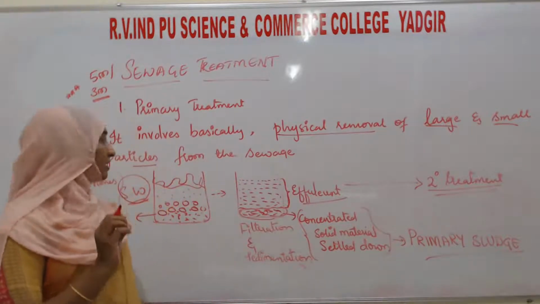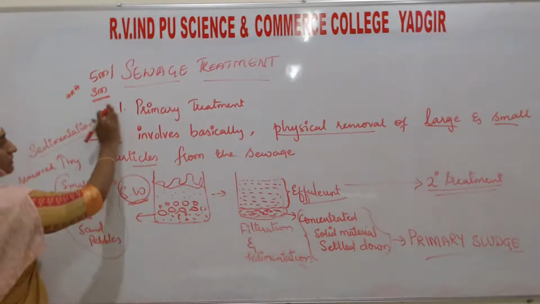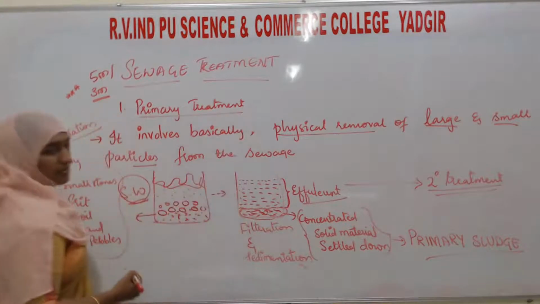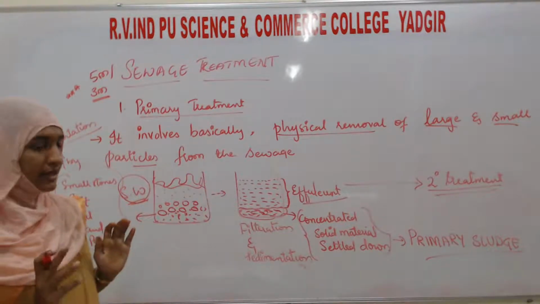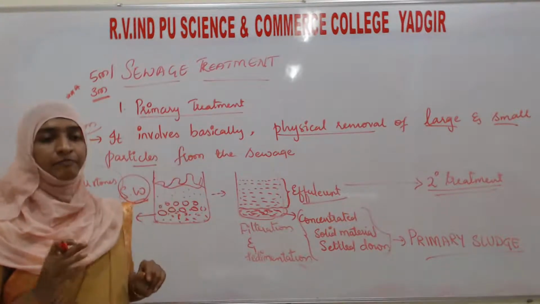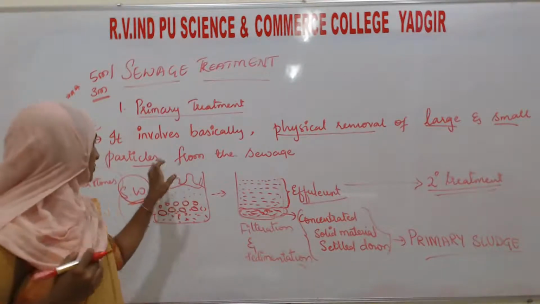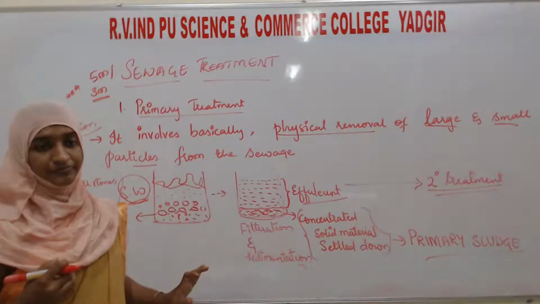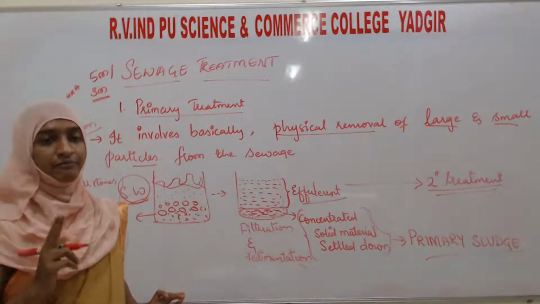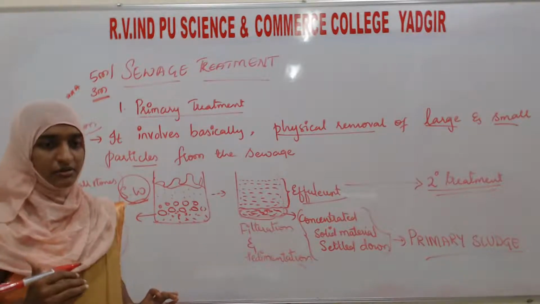See here, sometimes they will ask for 3 marks: explain only the primary treatment. It basically involves the physical removal of large and small particles from the sewage by 2 methods, that is filtration and sedimentation.